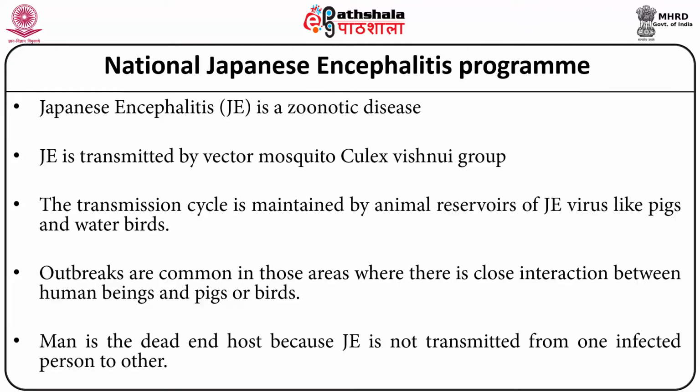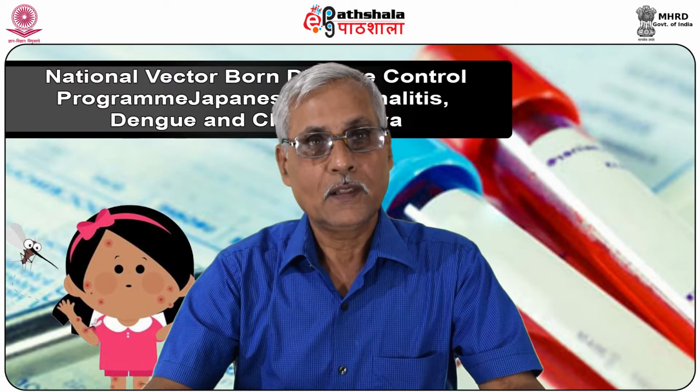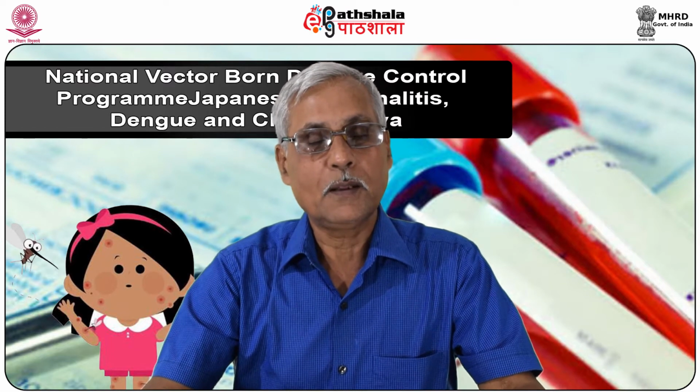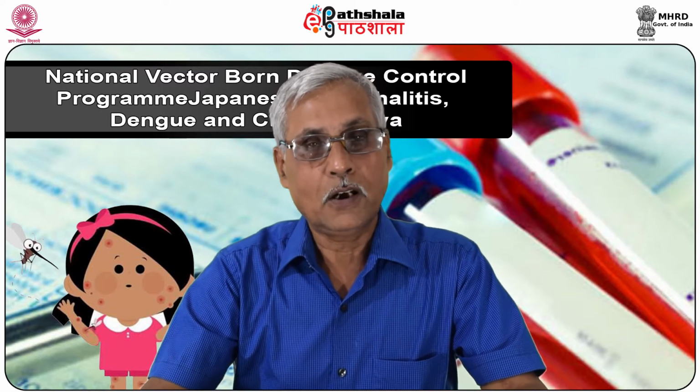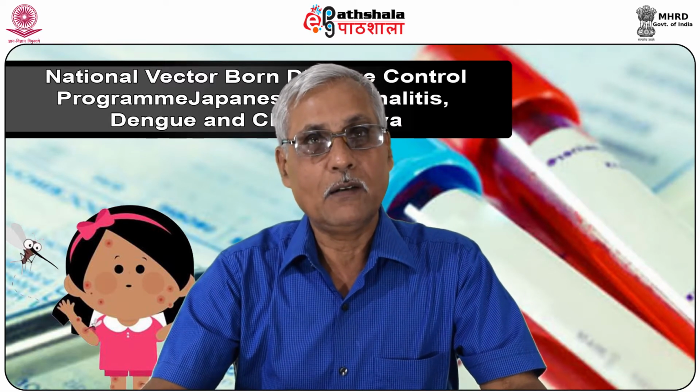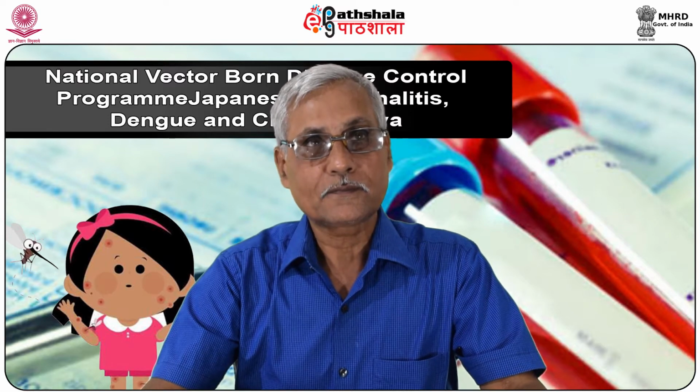Man is the dead end host, because JE is not transmitted from one person to another person. It has also been observed that in a particular village the number of cases is limited to one or two, because the viremia is transient.